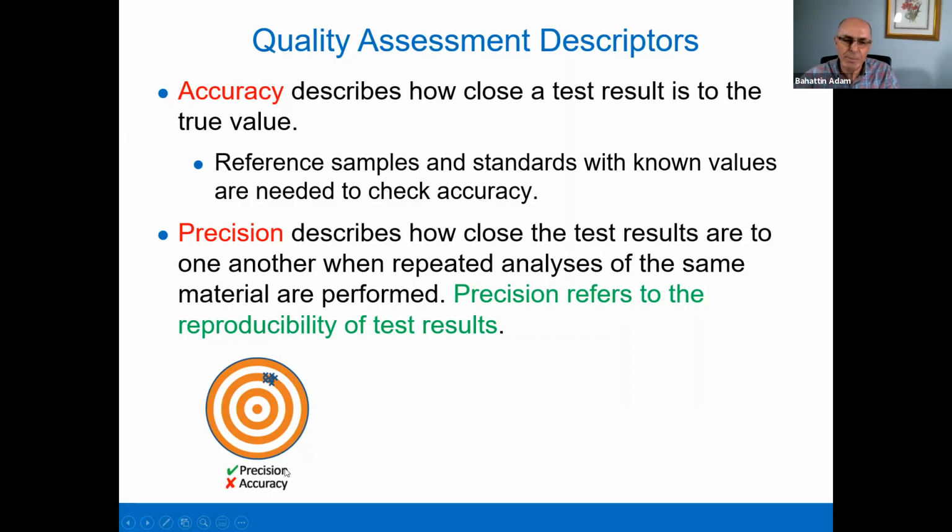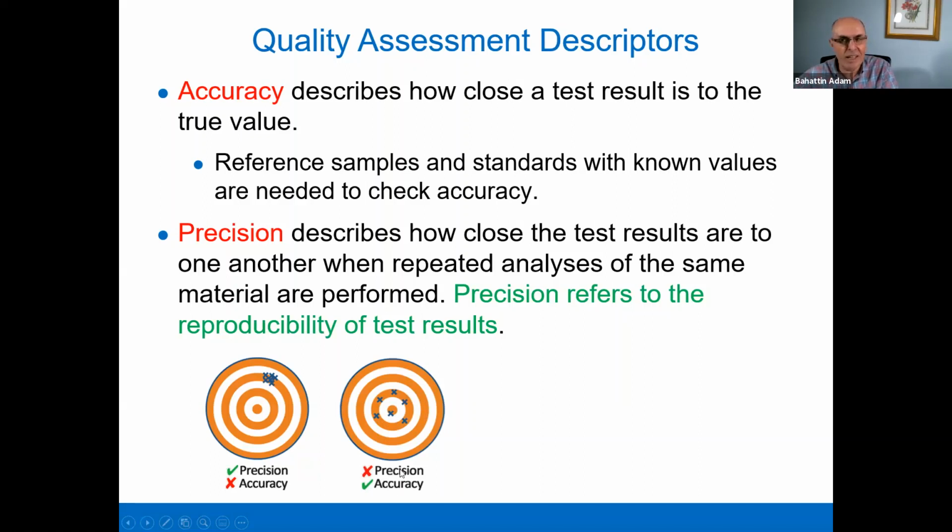Precision is okay, but accuracy is not. Now if we have results close to the target value, however, they are not close to each other, that means precision is not okay, but accuracy is okay because the results are close to the target value.